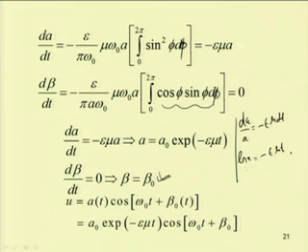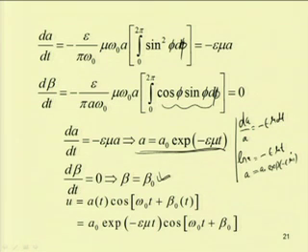So, a one can write in terms of e to the power, using a constant also. So, it will be a 0 e to the power minus epsilon mu t. So, this a is a function of time. So, a equal to a 0 e to the power minus epsilon mu t, and beta equal to beta 0.